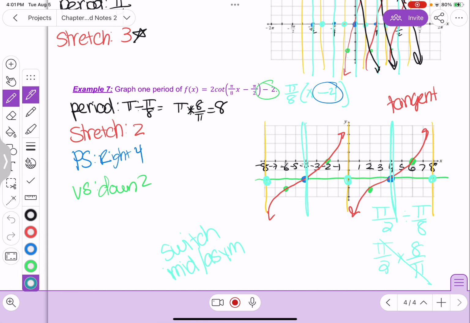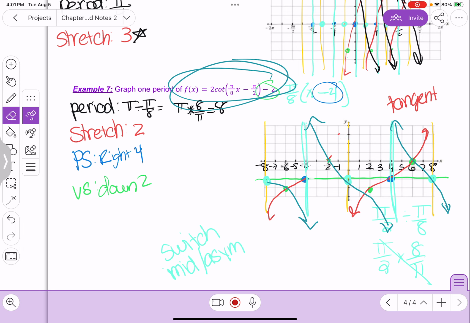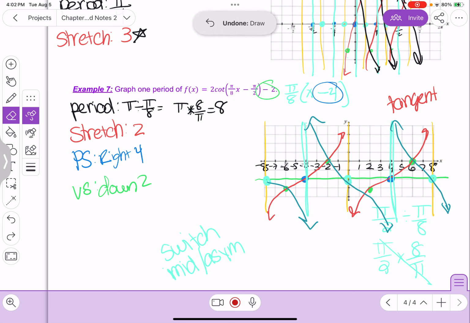So I'm going to use the green and the teal to draw my cotangent. So the cotangent is that teal graph. So if I erased everything else, my cotangent is like the reverse of the tangent. So if it's alone, it looks like that. If they're all combined, it looks like that, with the tangent being the red, the cotangent being the teal.